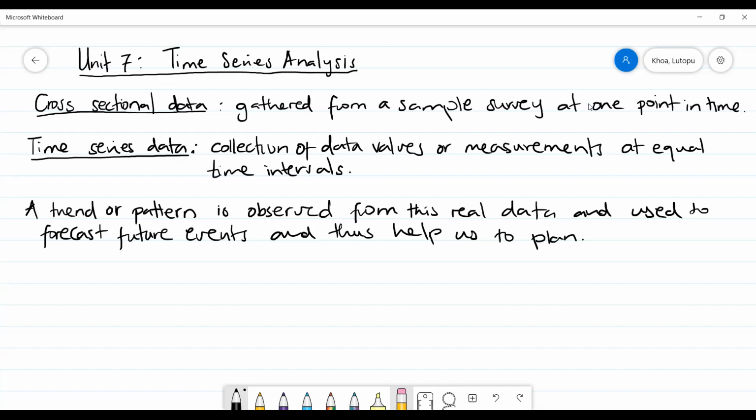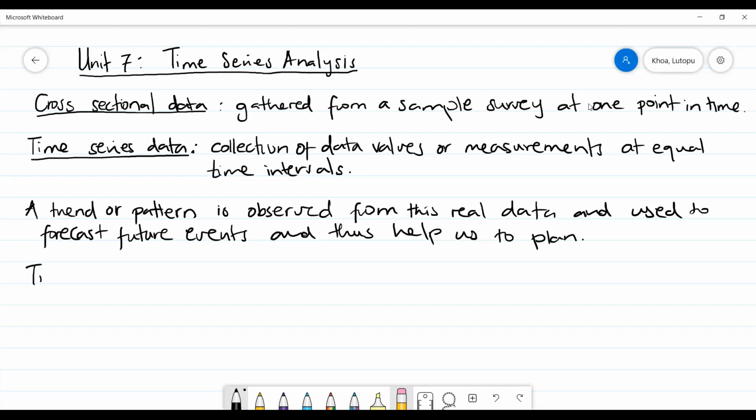So you can forecast 10 years from now using the data that you've collected in the past, and that will help you to determine whether the infrastructure you have now will be sufficient, or you already need to plan and say, okay, in 10 years from now, we'll need 2 extra buildings. So let's start budgeting for that. Let's start planning for that. So that is why we collect these time series data.